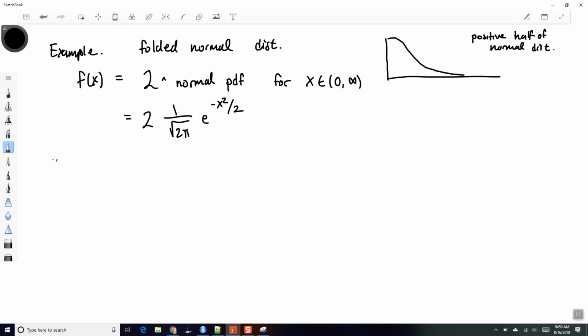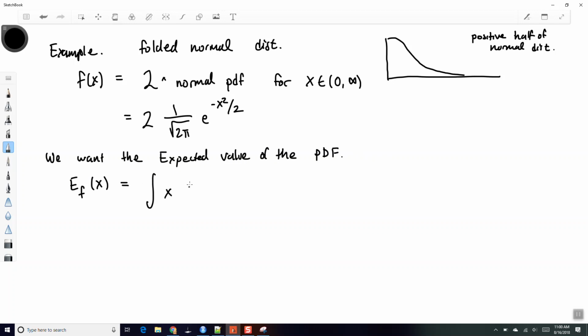Okay, and we will say we want the expected value of x as defined by f, and this is going to be the integral of x times our PDF, 2 times 1 over root 2 pi e to the negative x squared over 2 dx from 0 to infinity.